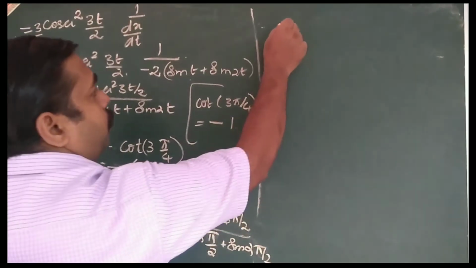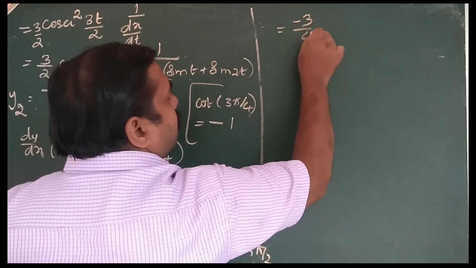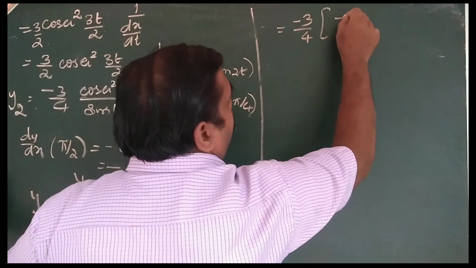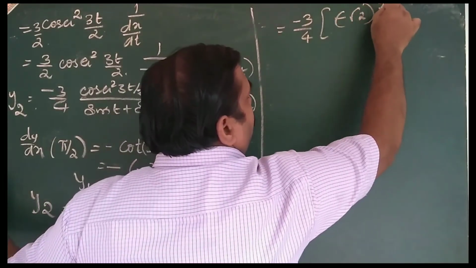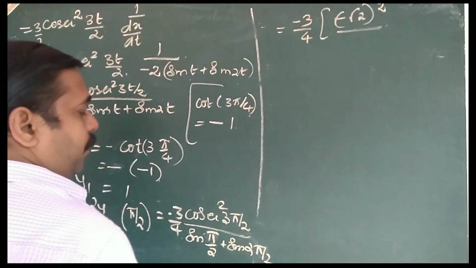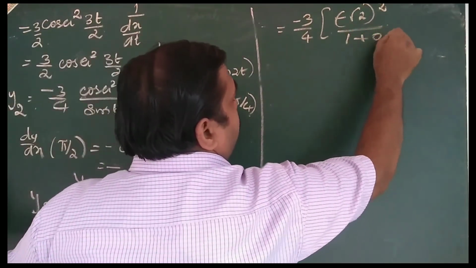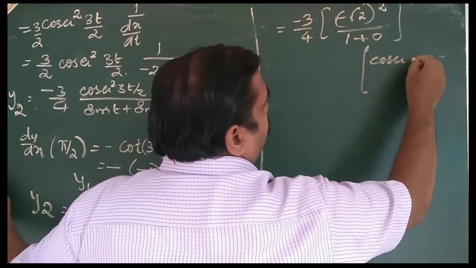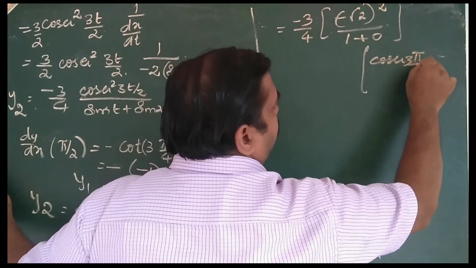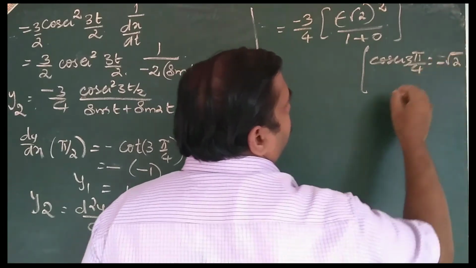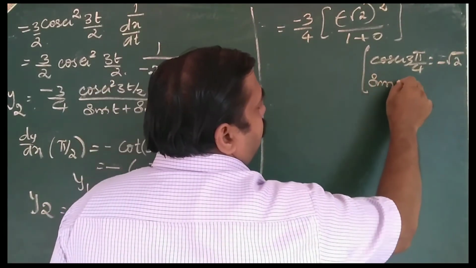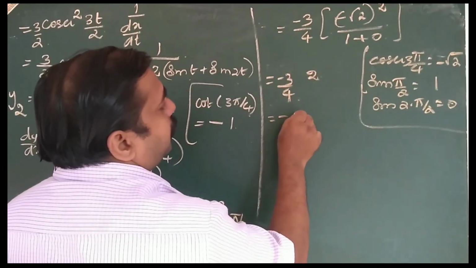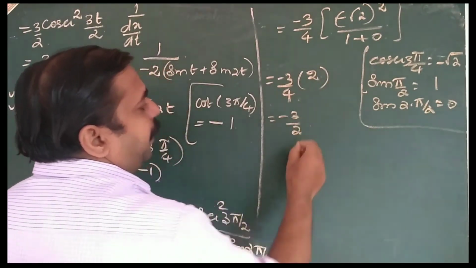So this is equal to minus 3/4 into cosec 3pi/4, that is equal to minus root 2 the whole square by sin pi/2, 1, plus sin pi, 0. So what is the reason? Cosec 3pi/4 equals minus root 2, sin pi/2 equals 1.